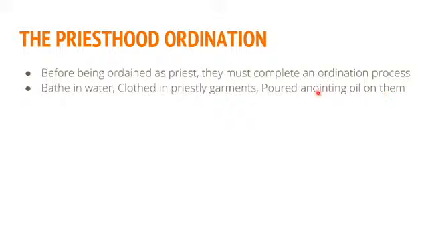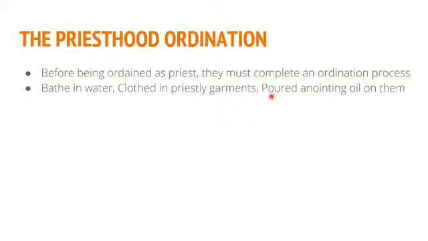And I think this is probably one of the things I will pause to explain slightly, is that pouring of anointing oil was to represent that this person, the oil, was a symbol of the Spirit of God. That's what the oil represented. So this pouring of the oil on the person was a way of saying symbolically, please don't think that there's any kind of hocus-pocus taking place here.